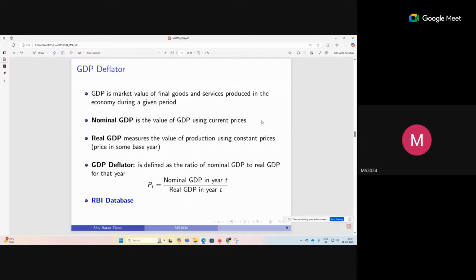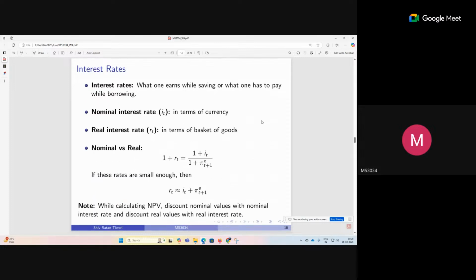Okay, so this was our discussion regarding how we calculate inflation. Now, why is inflation important? Because it changes the purchasing power of my money or my currency, whichever I have. It impacts the interest rates also. How?